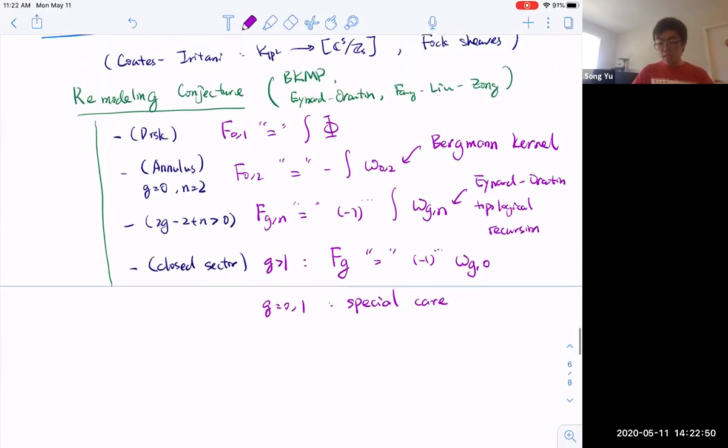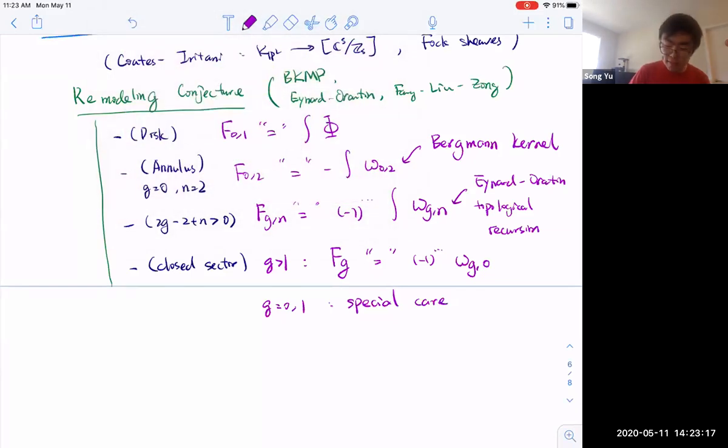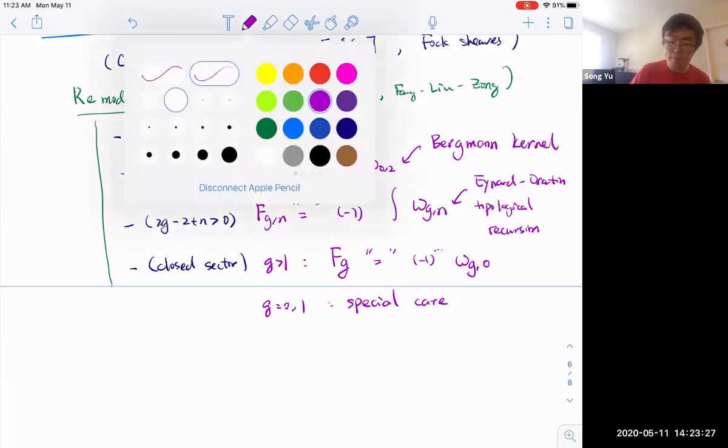For g equal to 0, we need some special geometric properties of the mirror curve. And for g equal to 1, we need a quantization formula of the given tau. So the statement looks a little bit different from this. Philosophically, this just means that the A-model Gromov-Witten invariants can be captured by invariants coming from the B-model mirror curve, and these invariants are given by the Eynard-Orantin topological recursion.